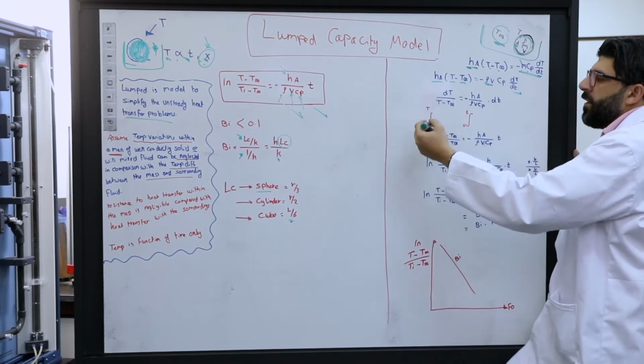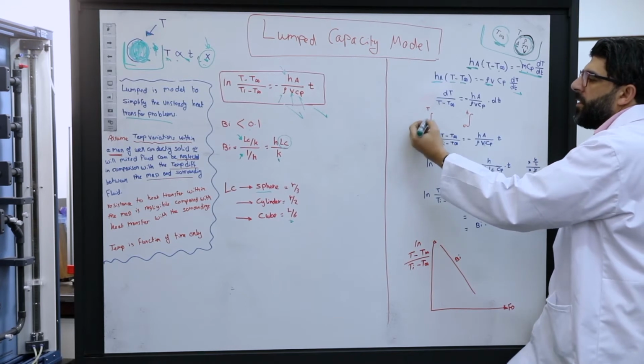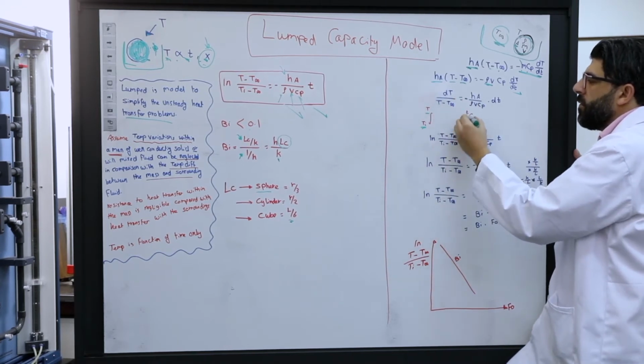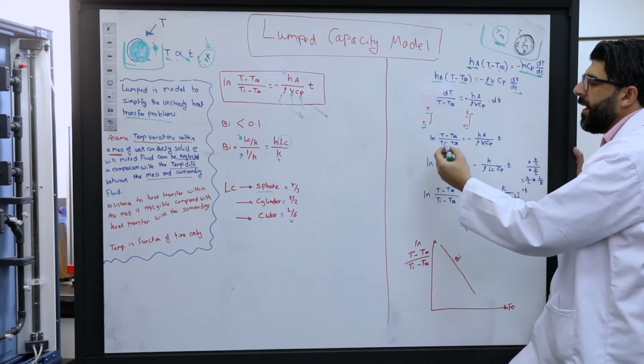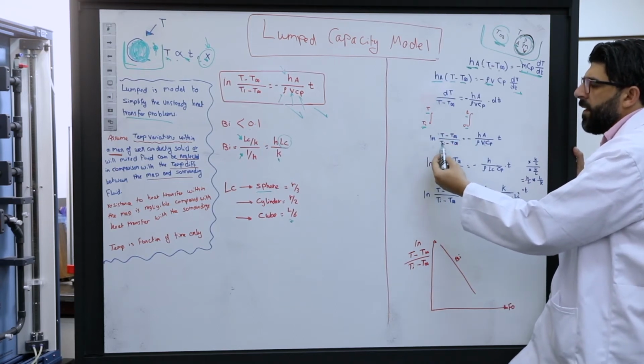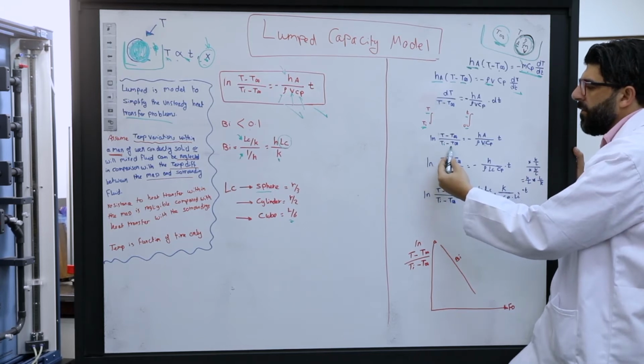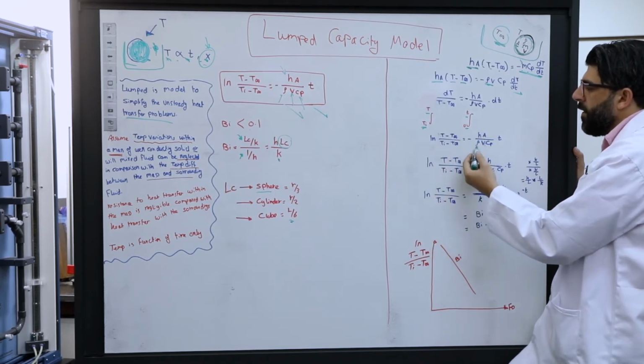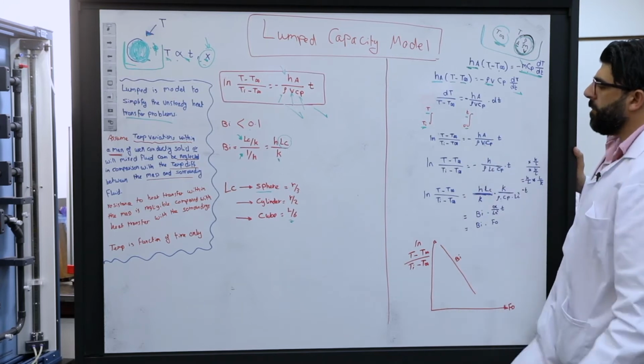By integration, from initial time to time t, from 0 to t, we get ln of (T minus T infinity) over (T initial minus T infinity) equals minus hA over rho V Cp times time.